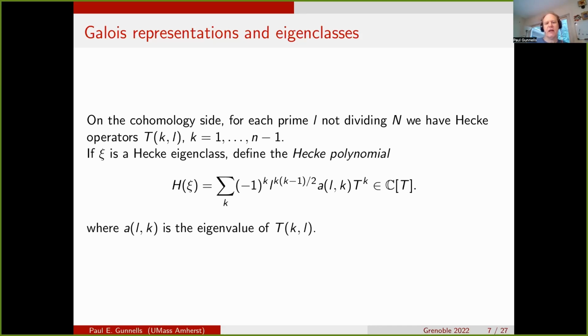The L-function has a complex variable in it, so to get that in there, I replace T by L to the minus s, where s is my complex variable. This polynomial looks kind of random, but in some sense it's the right way to package these eigenvalues together to try to compare them to arithmetic information.